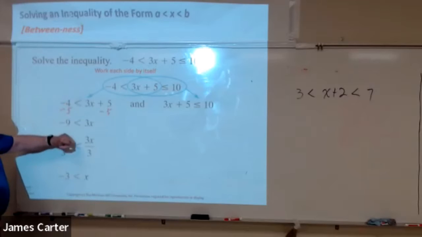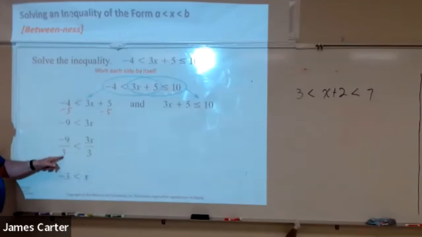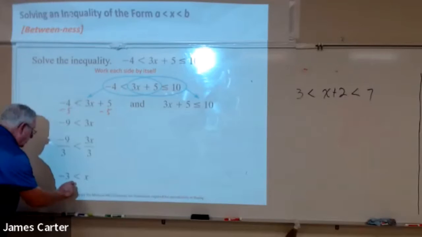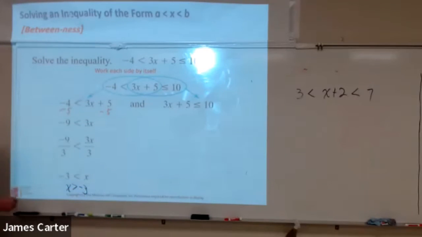Combine these, you get 9. Those go away, you get 3x. Divide both sides by 3. No negative signs, so we don't flip. And we get -3 is less than x. But to graph that, we really need to switch it to this, to graph.